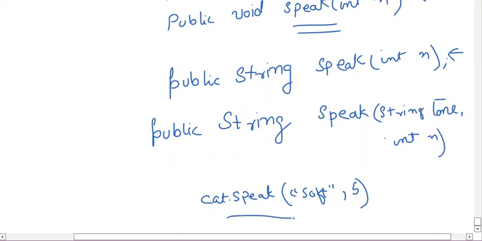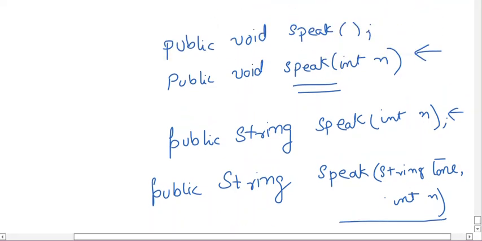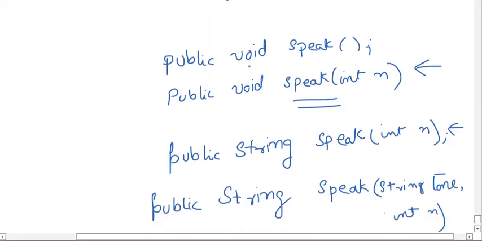Now this particular method signature only matches with this one. So if you change the argument list and return type, you are good. If you change the argument list, you are good in overloading. But you cannot change only the return type, because then the compiler will be confused about which version you are talking about, because the user will only call with this; this is how the call would be made. So make sure we understand this particular skill.